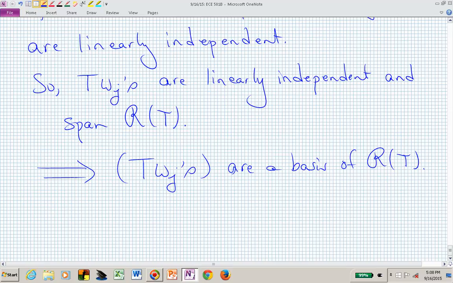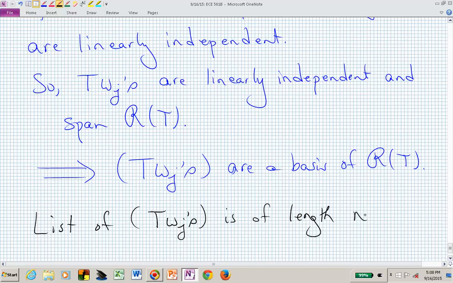It's not so much that we have that. What are we interested in? We're interested in how many vectors are in that list. We need the dimension of the range of T. With this information, then, the list of TWJs is of length n.